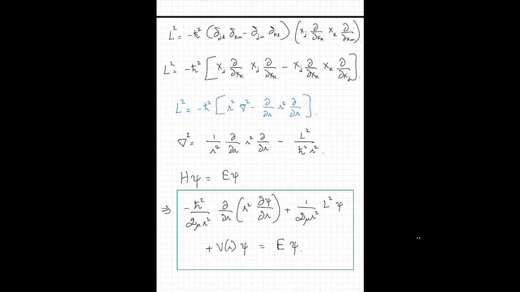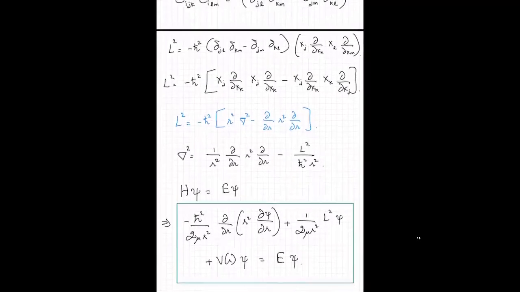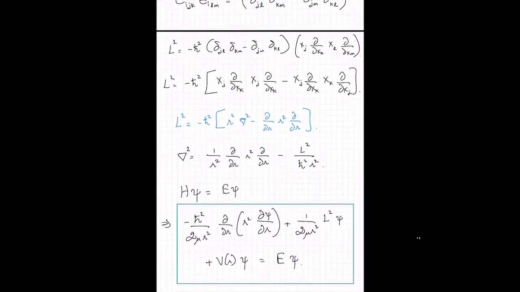So this is the strategy we will employ, but we will continue with this equation and its solution on Wednesday. This is the reason why we go through all this trouble to write everything in terms of the angular momentum operator, because written in the angular momentum operator, the Schrodinger equation has a nice way of decoupling in terms of the radial coordinate and the angular coordinate. And we will discuss how to figure out the solutions of this equation starting the next lecture.